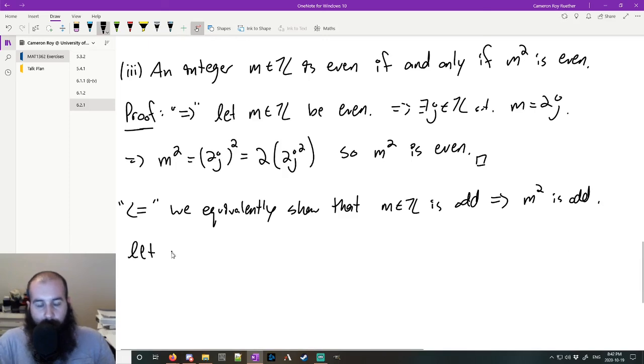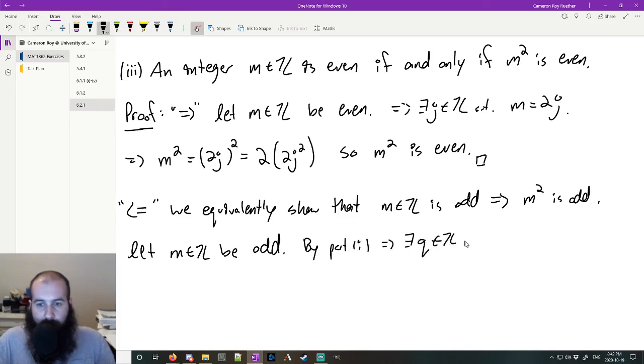So let m be an odd integer. By part 1, we know this means that there exists a q in the integers such that m is equal to 2q plus 1. Now we have a formula for m, so we can just square it. So m squared is equal to (2q plus 1) squared.